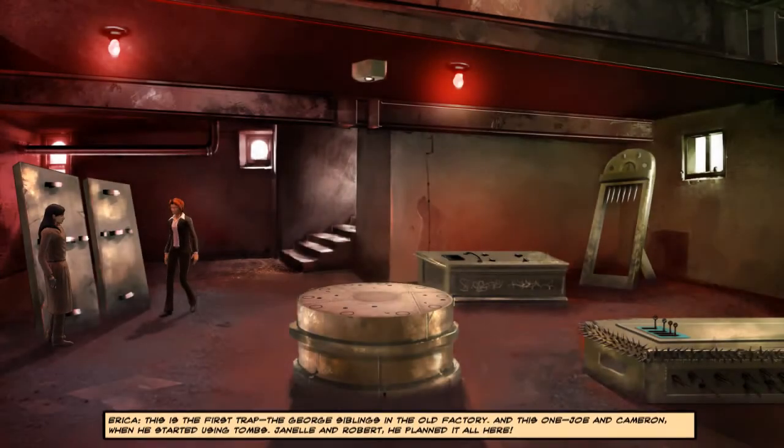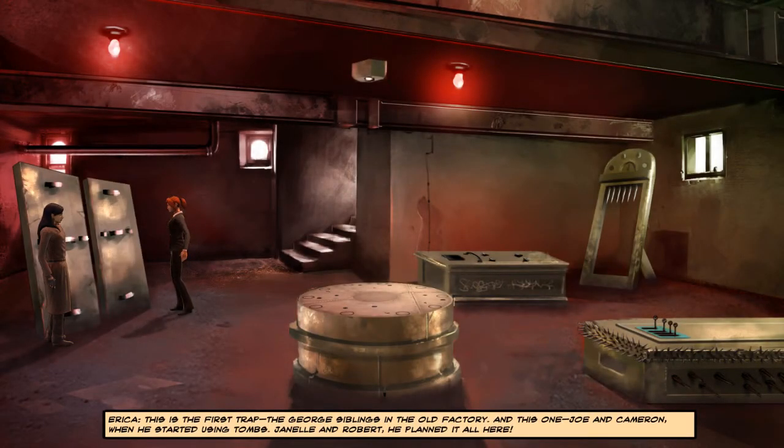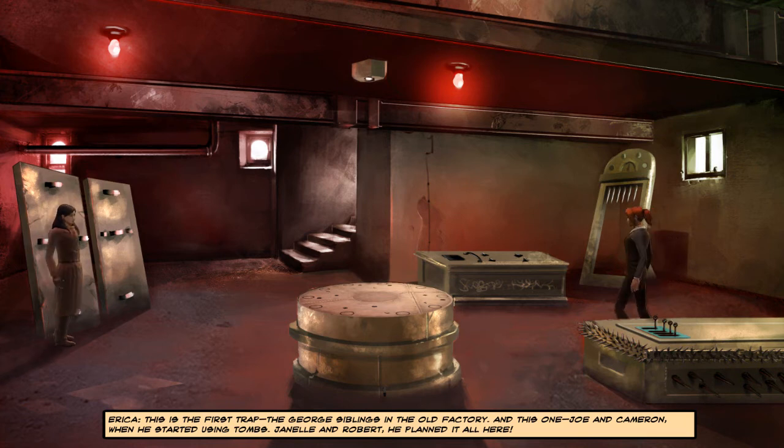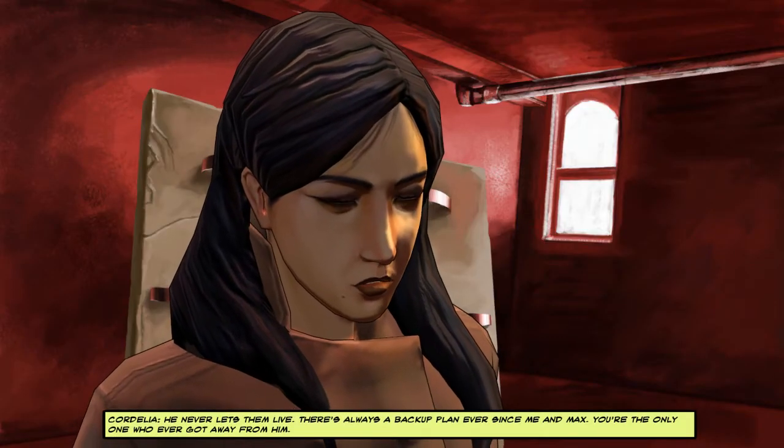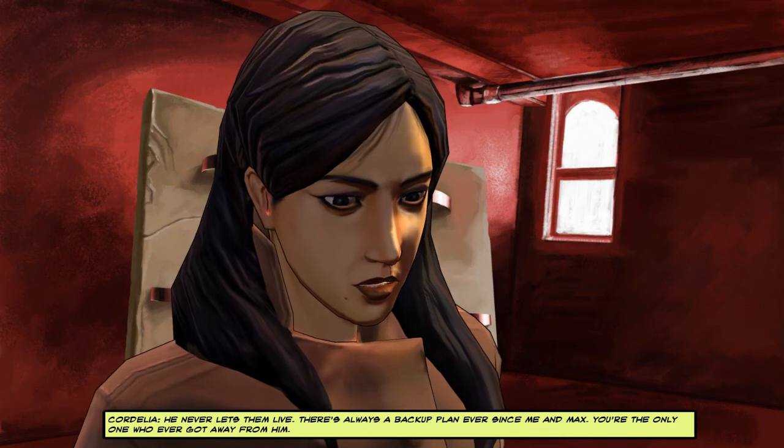Kane's lair. This is the first trap. The George siblings in the old factory. And this one, Joe and Cameron, when he started using tombs. Janelle and Robert, he planned it all here. Scott? He never lets them live. There's always a backup plan, ever since me and Max.